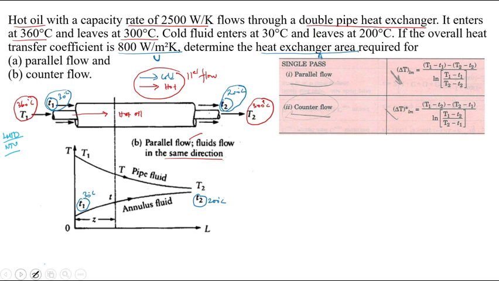Similarly for the hot fluid, T1 is 360 degrees Celsius and the leaving temperature T2 is 300 degrees Celsius. The hot fluid is the hot oil; the cold fluid is not specified here.